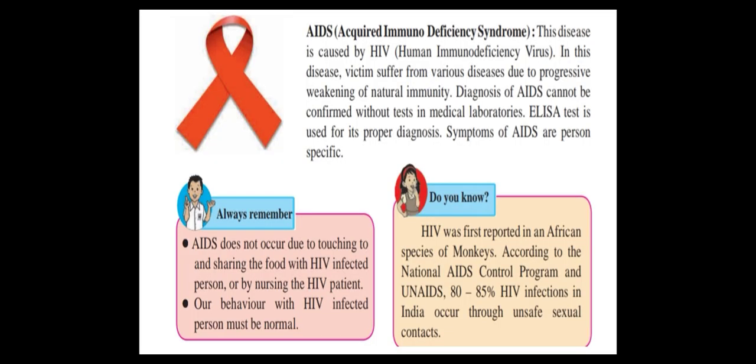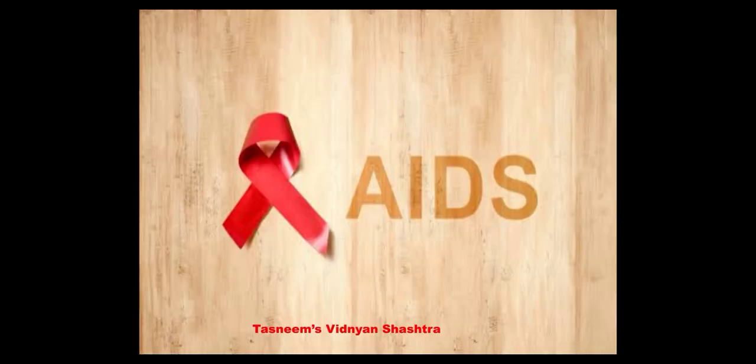That is another disease, AIDS, acquired immunodeficiency syndrome, which is caused by HIV, the human immunodeficiency virus. In this disease, victims suffer from various diseases due to progressive weakening of natural immunity.